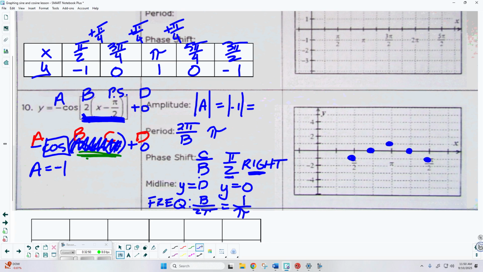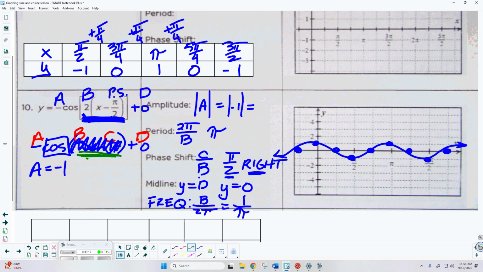It doesn't quite look like I'm going to be able to fit another period on there, but I can at least fill this in a little more. There is negative cosine of 2x minus pi, and then plus 0 if you want to put that on there.